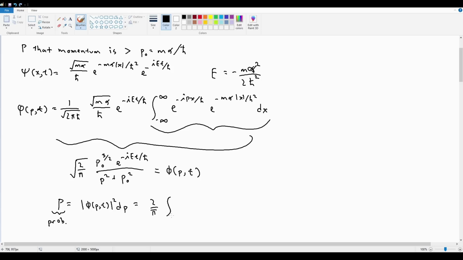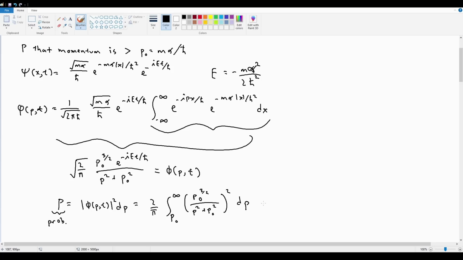Multiplied by the integral from p naught to infinity, because remember, we're trying to find the probability that our momentum is greater than p naught, and then this whole thing: p naught to the power of 3 halves divided by p squared plus p naught squared, dp. And p naught is just a constant.